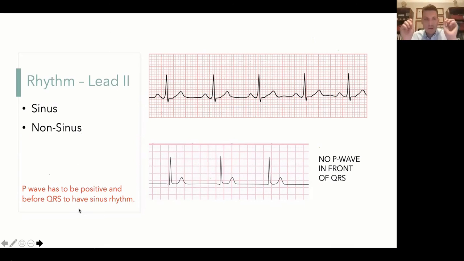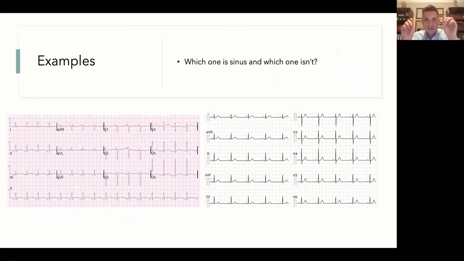Again, we want a sinus and non-sinus ECG. Sinus, we said, in order to have sinus, you need a positive P wave, which will be before a QRS. Keep in mind that lead 2 is the principal lead where you can actually see this. Can someone type me in the chat which one is sinus and which one isn't?